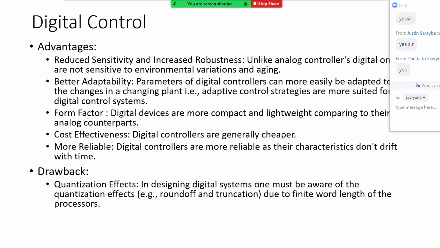Another advantage is the form factor. Digital devices are compact and lightweight, and they are becoming lower and lower cost. Of course, everything is moving to digital controllers. Think of airplane controllers, autonomous cars, all these smart devices we have with the IoT: your refrigerator, your washing machine, any of the appliances you have.